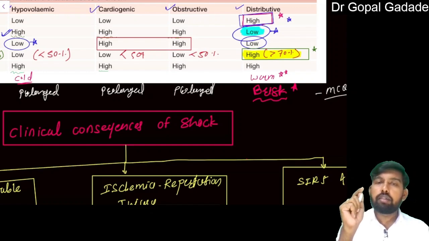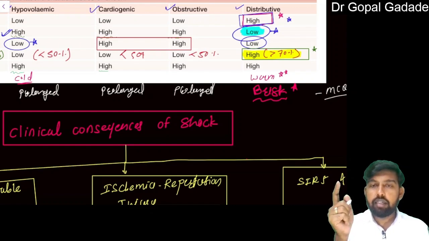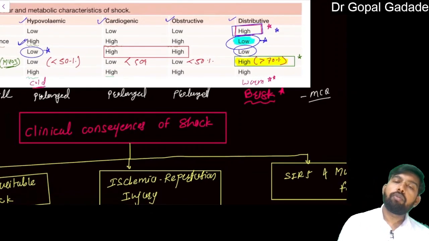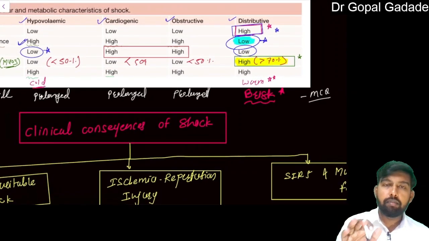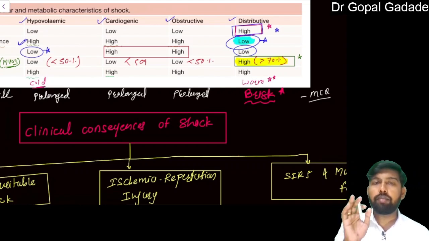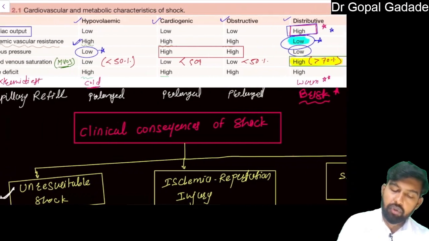That's why the MVOS is increased in septic shock or distributive shock, and it is a diagnostic criterion for septic shock. MVOS would be more than 70% in distributive shock, and is decreased in all types of shock except the distributive shock.